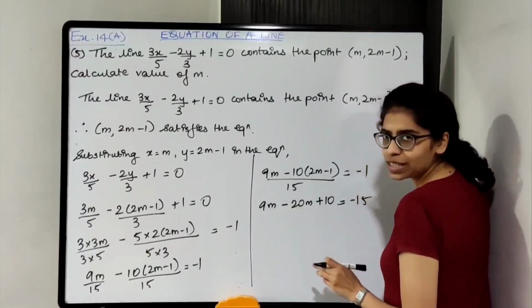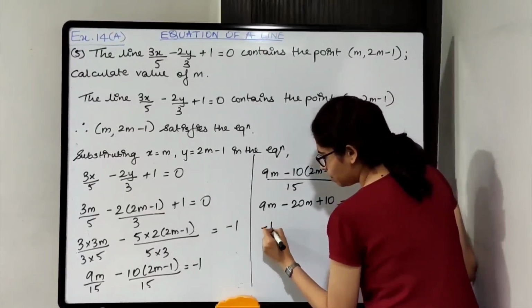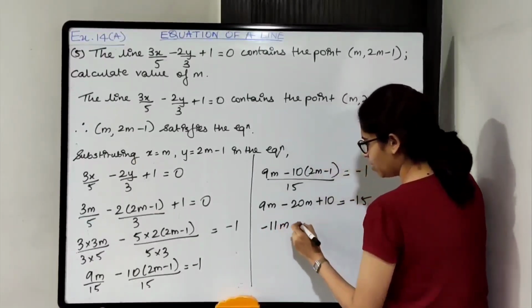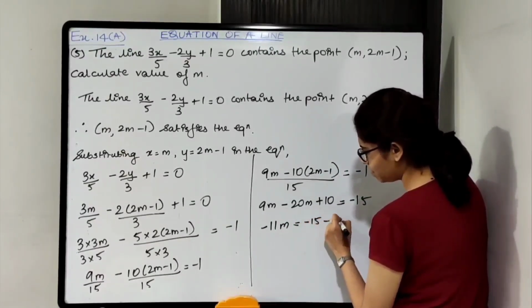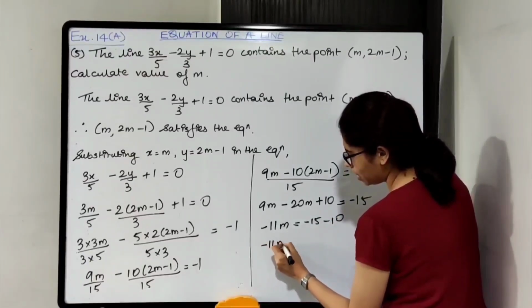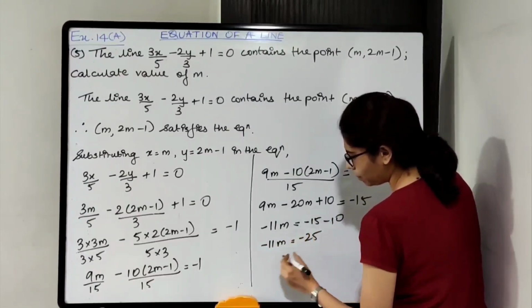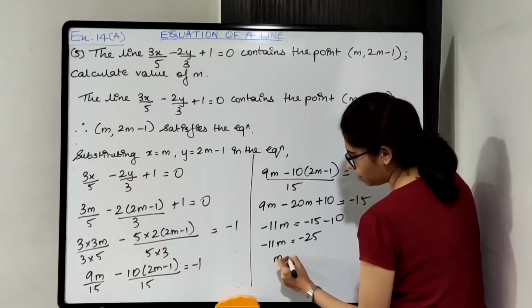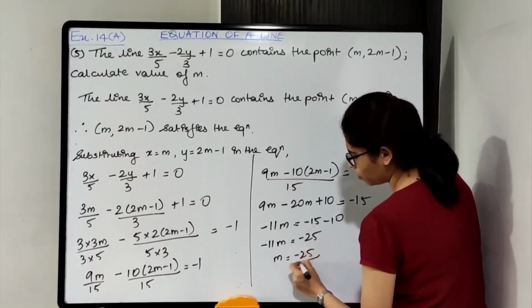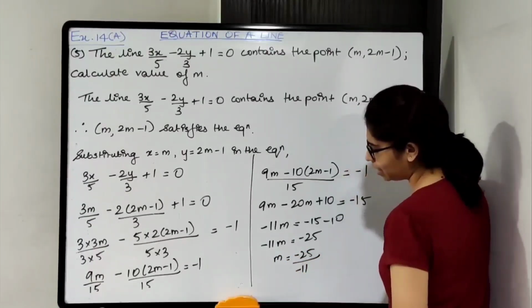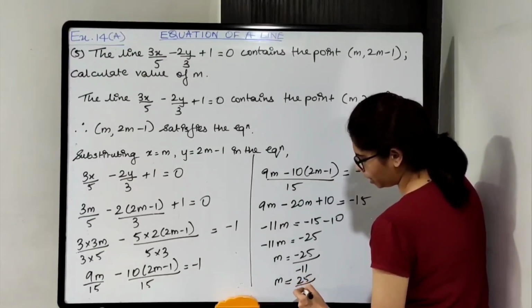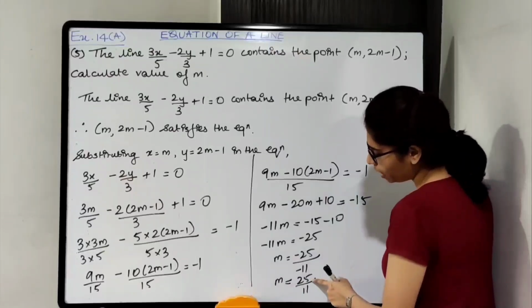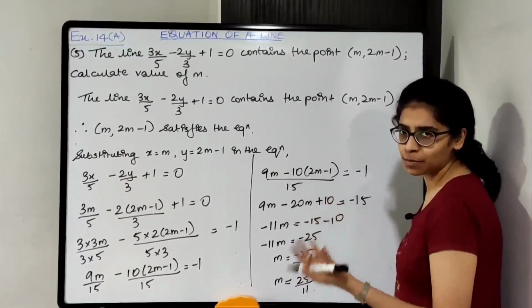9m minus 20m will be -11m, and shifting 10 over here, so -15 minus 10, so -11m is equal to -25, and m is equal to -25 upon -11, that gives 25 upon 11. Numerator is greater than denominator, so you can express in mixed fraction form.